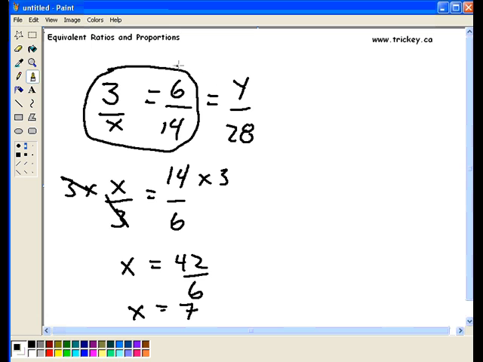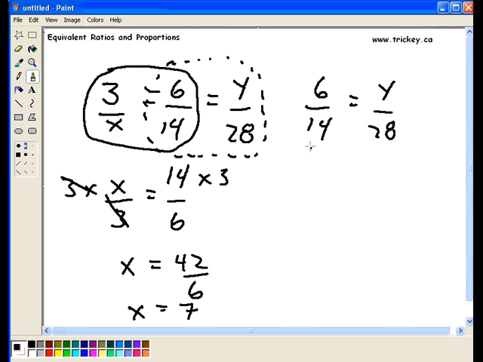Now let's solve for these 2. 6 over 14 equals y over 28. I want to get rid of a divided by 28, so I multiply through by 28. Whatever I do to one side, I do to the other. Multiplying by 28 gets rid of a divided by 28 and leaves me with a y, which is what I want, all by itself. The right side is solved.